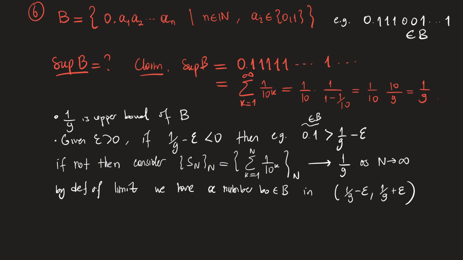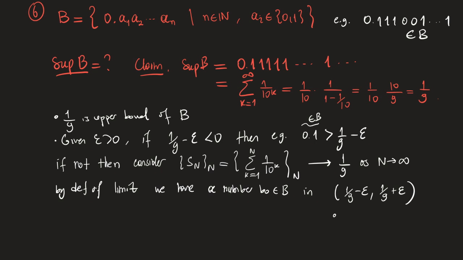But since our sequence is increasing, we don't have any number here, right? Because this is the last point. Of course, this is not last, this is the limit. But we don't have any number in this second part. But we have a number in this part. What is in this part?